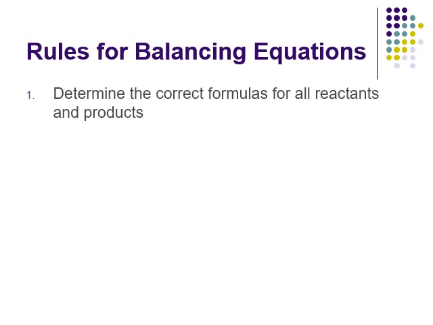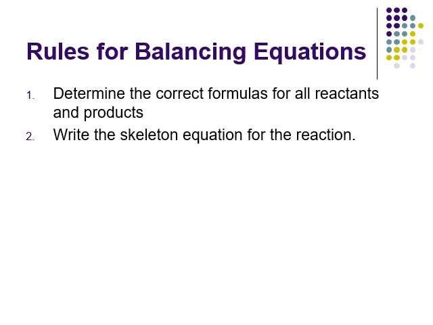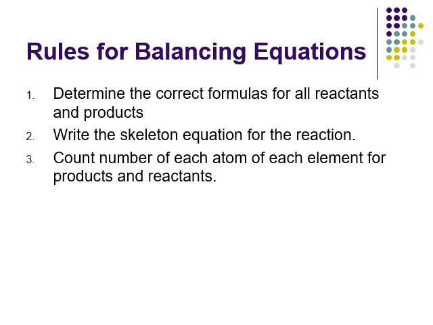So, rules for balancing equations. First thing you need to do is make sure that you have all the right formulas for the reactants and products. Should go without saying, but if you have a bad formula, you're going to have bad balancing time. Write down the skeleton equation. Oftentimes, if it's just a balancing equation problem, this is where you start. Then you're going to count up how many of each atom there are for each element in the products and reactants.